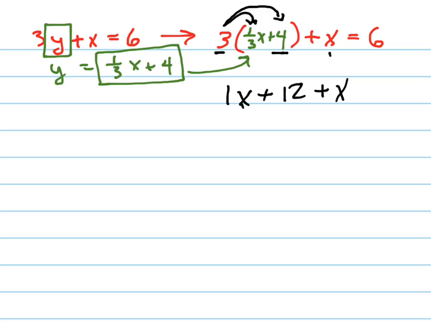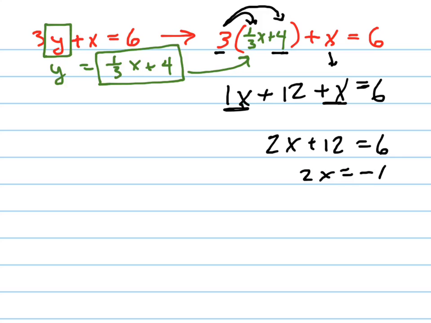Plus x, because that was there already, equals 6. Add the x's together. What's 1x plus 1x? 2x. 2x plus 12 equals 6. Subtract 12 from both sides. 2x equals negative 6. Divide both sides by 2. X equals negative 3. That's my x coordinate.